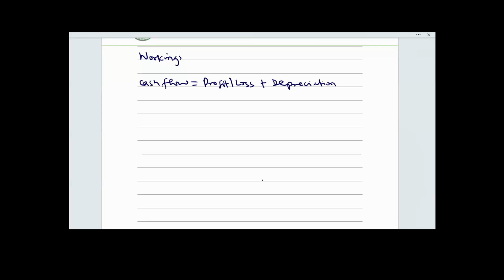So you are going to do it for project A and then project B. What that simply means is that I cannot start my working with cash flow. I need to go and calculate depreciation first. Profit or loss is given in the question, so I need annual depreciation.